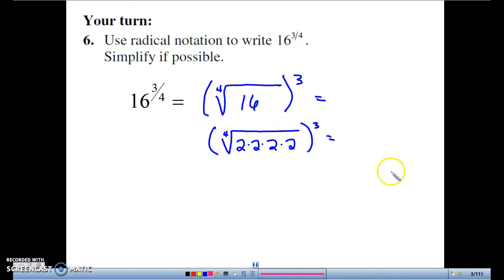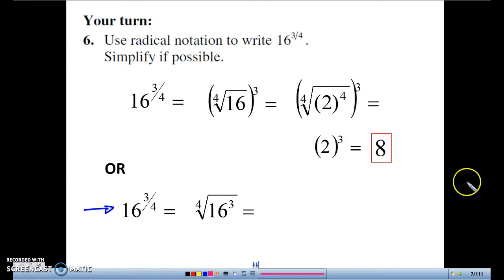Prime factorization of 16 is 2 times 2 times 2 times 2. The index of 4 says group 4 identicals together. That will come out from underneath the radical sign as a single. So the 4th root of 16 is 2. And now 2 times 2 times 2 gives you 8. Our answer here is 8.